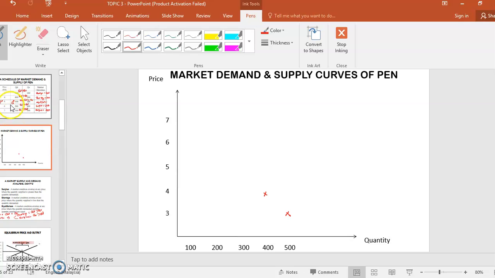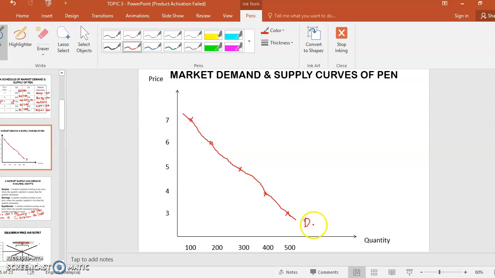At 5 ringgit, quantity demanded is 300. At 6 ringgit, quantity demanded is 200. And at 7 ringgit, quantity demanded is 100. So you just combine all these points by using your ruler lah. Ini tak ada ruler. Oh, sorry. So this is demand curve.